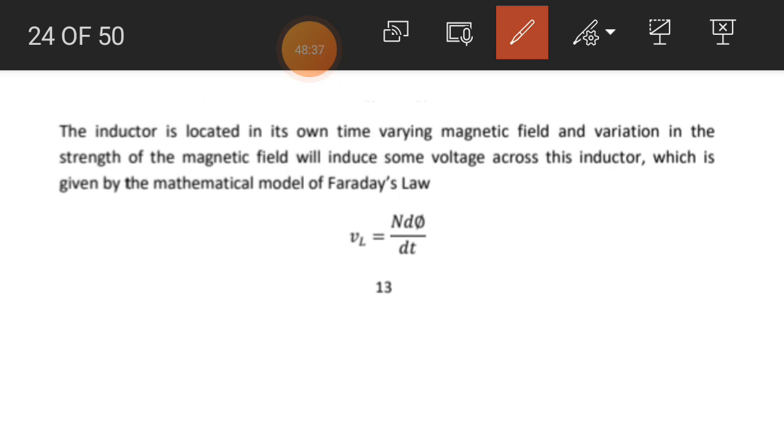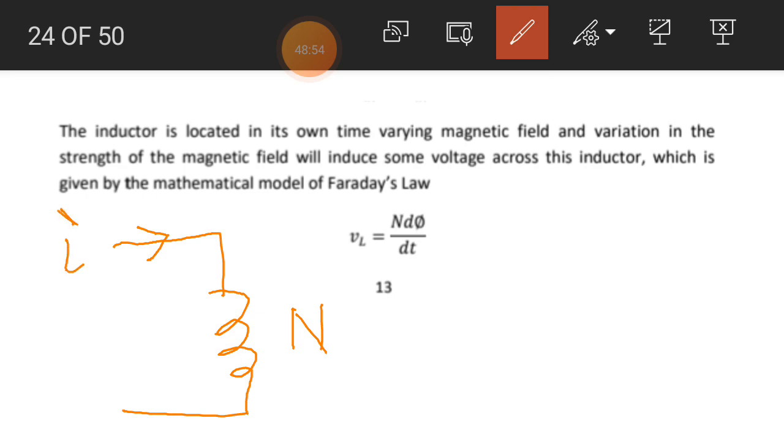In this particular circuit, we have got an inductor of N number of turns. There is a current in this inductor which is represented by I. This current generates a magnetic field in the vicinity of this coil, which is represented by phi.